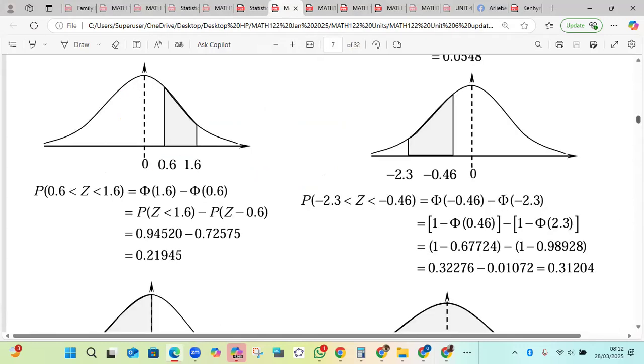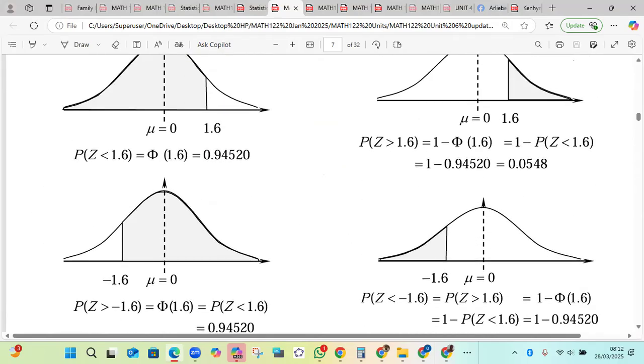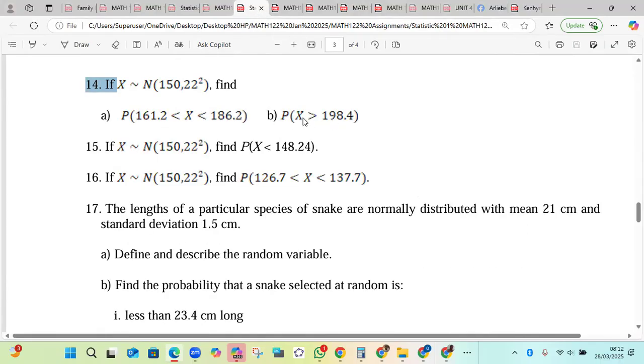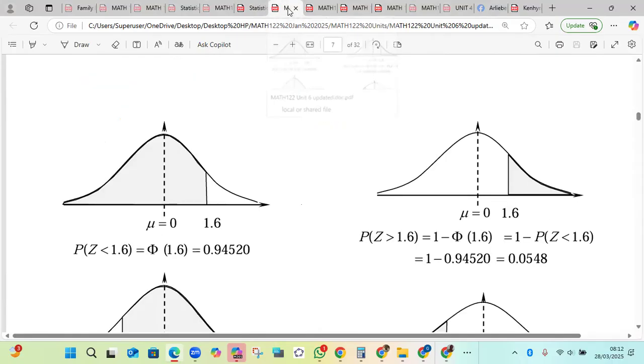So let's find a situation of a right tail. In a situation like this, we have a positive z and the region towards the right of it. We must standardize, meaning we subtract 150 from 198.4 and divide by 22, and we put our standardized value below. To find such a region, we find the phi of the positive z, for example the phi of 1.6, and subtract it from 1 to get the tail.